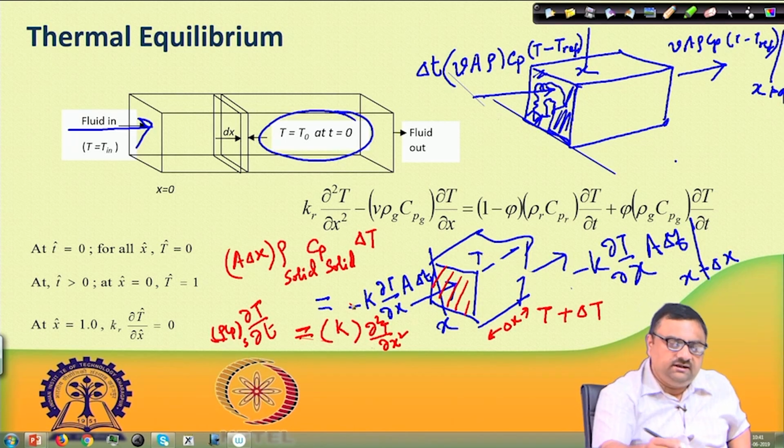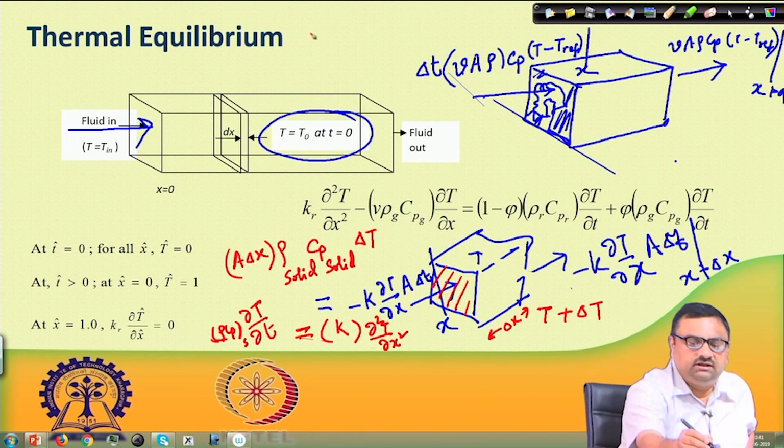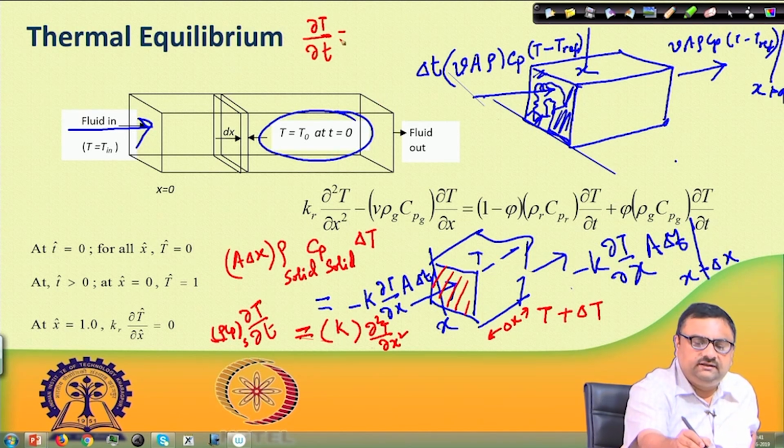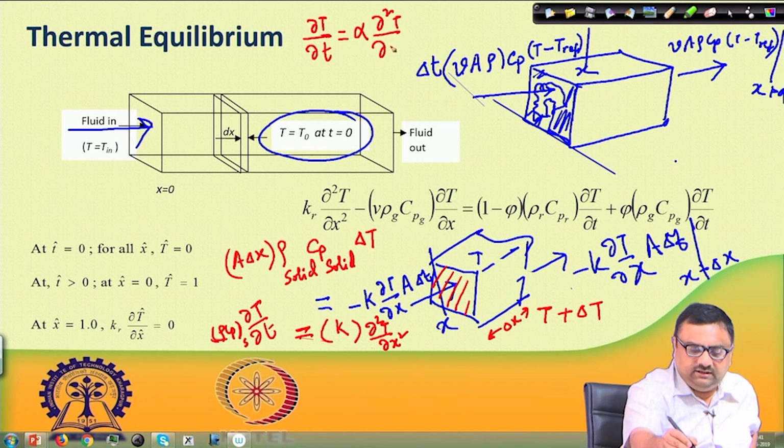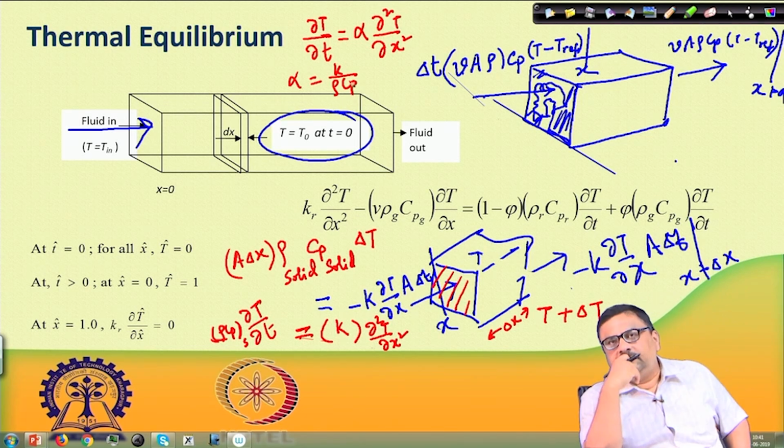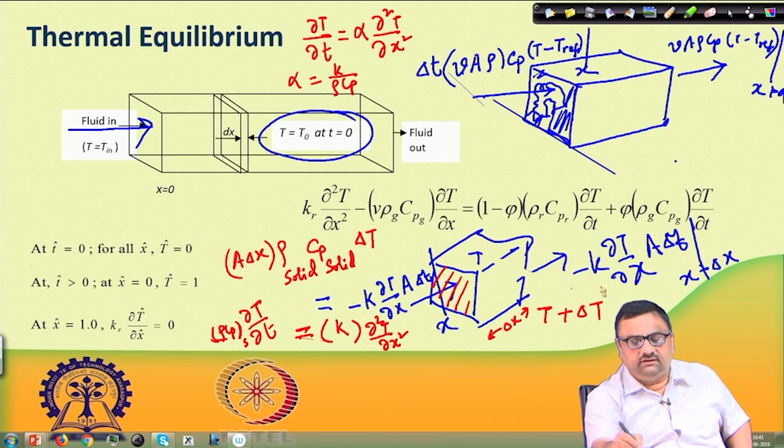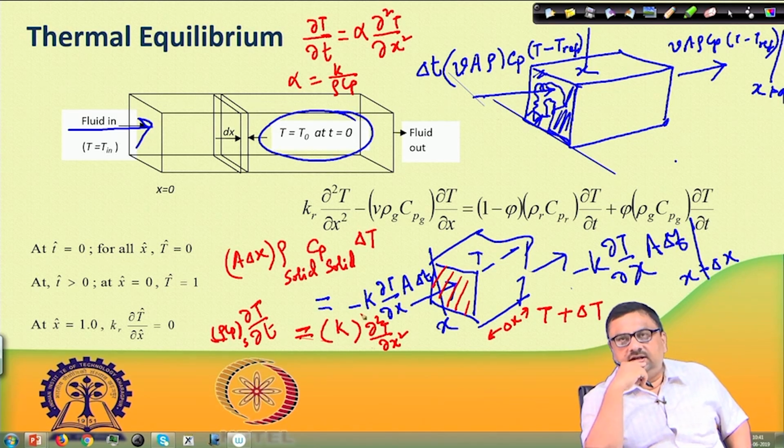So that is why, if it is only solid conduction, just like Fick's second law, we write del T del t equal to alpha del square T del x square, where alpha is equal to k by rho Cp. So this is only if you have heat conduction.